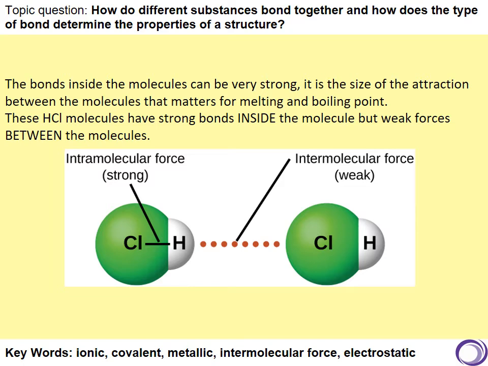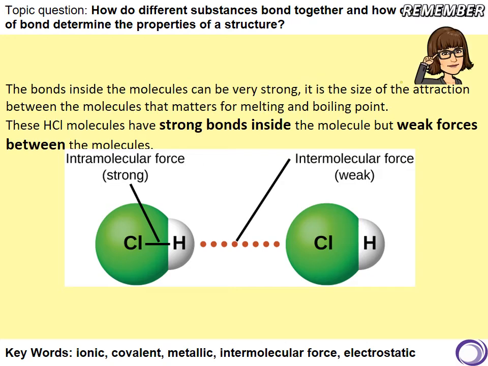However, the intermolecular force between the different molecules can be weak, and in this case these are small molecules and they will have weak forces between the molecules, so they have weak intermolecular forces. The bonds inside the molecule are very strong. Covalent bonds are incredibly strong bonds.